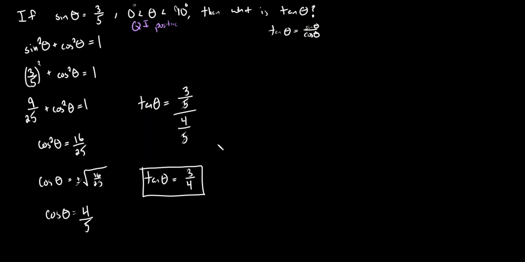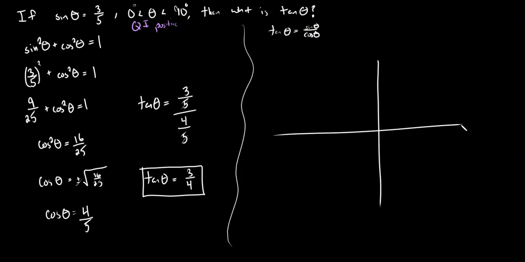See, it becomes a little bit more difficult and complicated when your Pythagorean identity doesn't directly get you the answer. It still works, but I'm going to go ahead and show my other way. This is in quadrant 1, so I'm just going to draw a triangle in quadrant 1. Always use the reference angle.